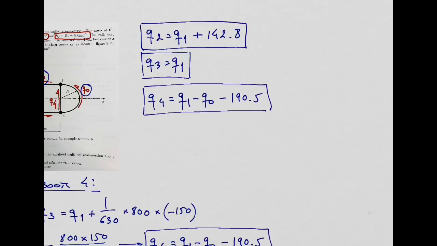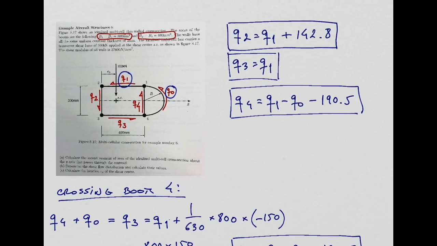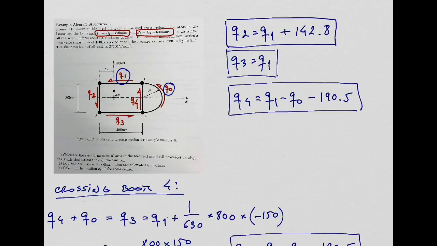Okay, so look at these three equations we have here. On the left-hand side, we have shear flows Q2, Q3, Q4. And on the right-hand side, we have the initial shear flows Q0 and Q1, which we assumed at the beginning were given to us, right?